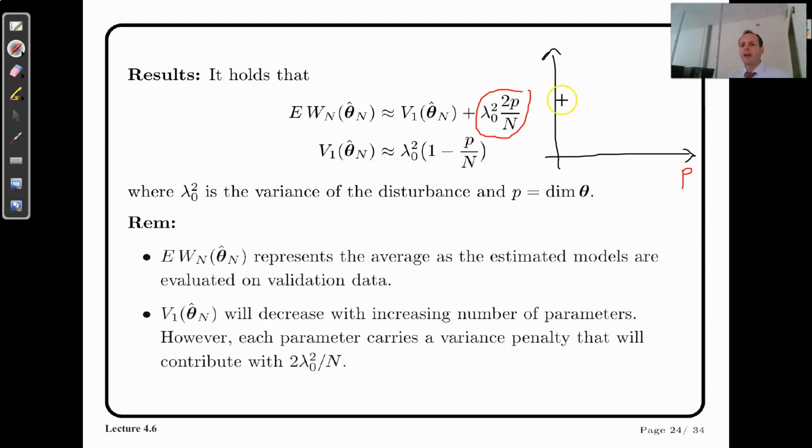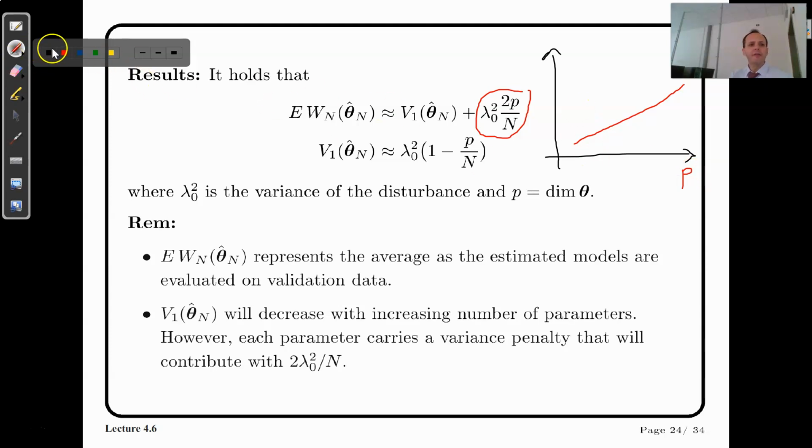This is a straight line, something like this, because you see here that it is a weighting of the order of your model. So this cost function increases linearly when you increase the number of parameters.